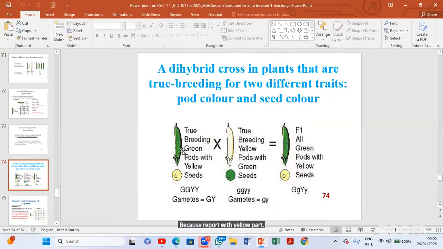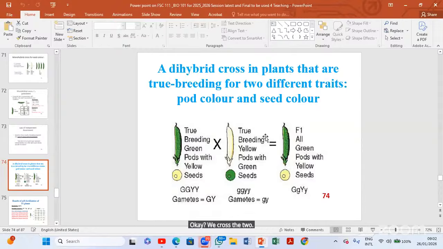But here, he now crossed a pod that is green, but the seeds inside are yellow, with a yellow pod with seeds inside that are green. He crossed the two.